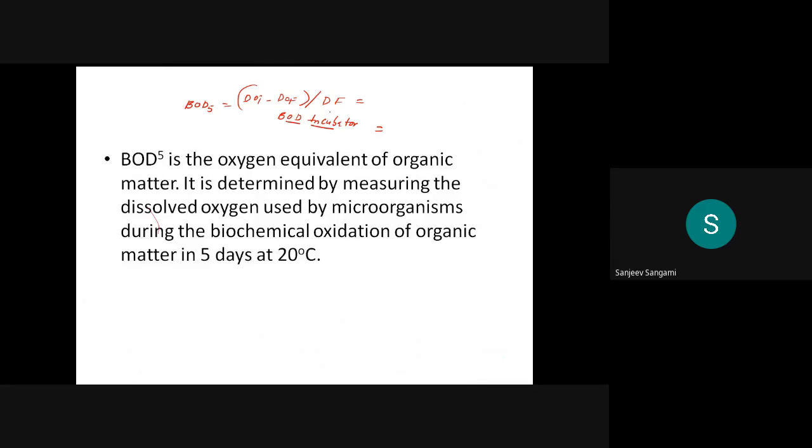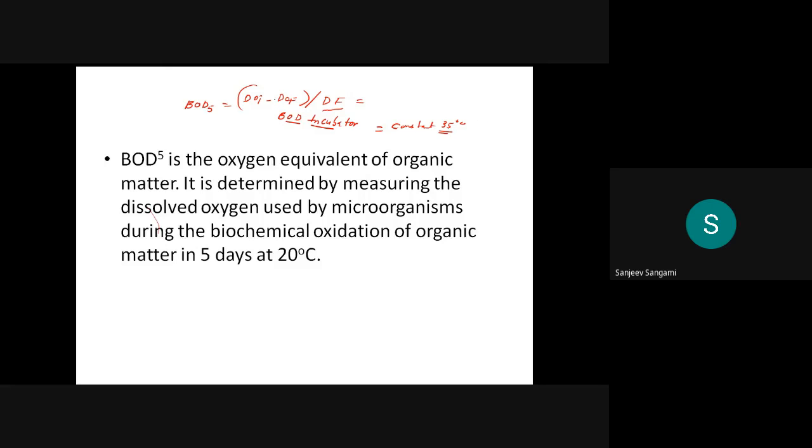This dilution factor we will discuss in the next class, how exactly it affects the measurement of the BOD. What is this BOD incubator? In the BOD incubator we are maintaining a constant temperature. What I said is that it is 35 degrees centigrade in that instrument, so that the bacteria can grow.